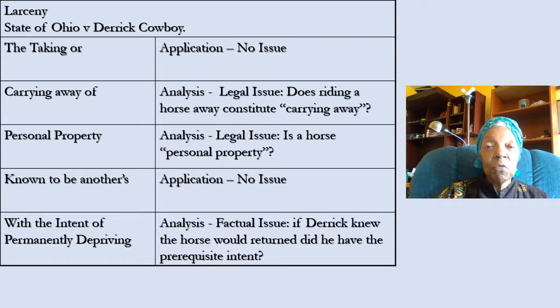One of the things to remember when you're writing an exam, you're not writing to the professor. You're not writing to the judge. You are writing to someone who doesn't understand the law, and you have to tell them everything they need to know in order to understand it.